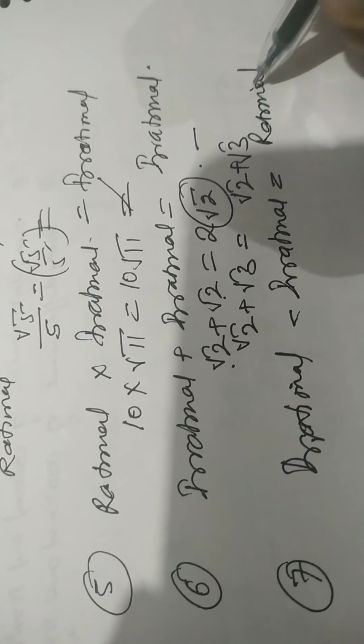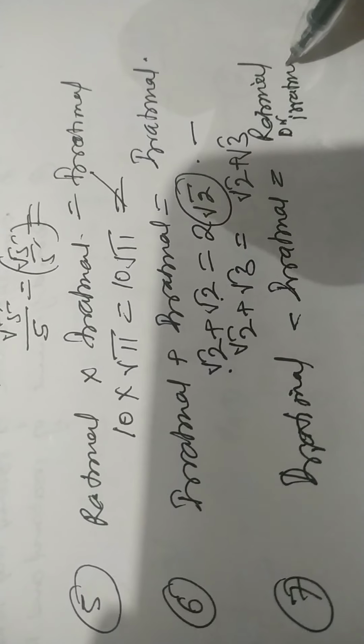Case number 7, irrational minus irrational. Irrational minus irrational may be rational, or it may be irrational. Example, under root 2 minus under root 2 is equal to 0. This cancels out to 0. That is rational.